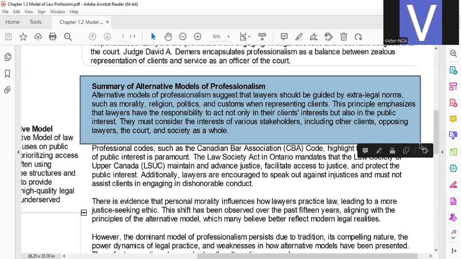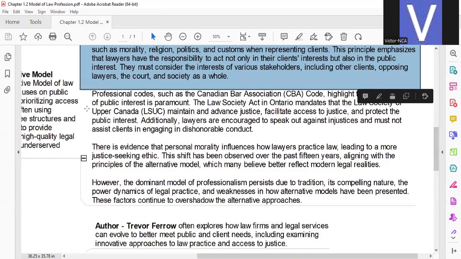This principle also emphasizes that lawyers have the responsibility to act not only in their client's interest, but also in the public interest. Therefore, they must consider the interest of various stakeholders, which includes other clients, opposing lawyers, the courts, and society as a whole, and not just their client.